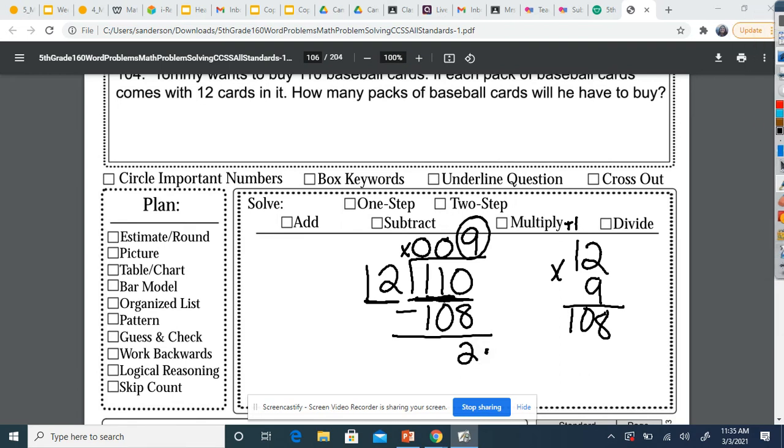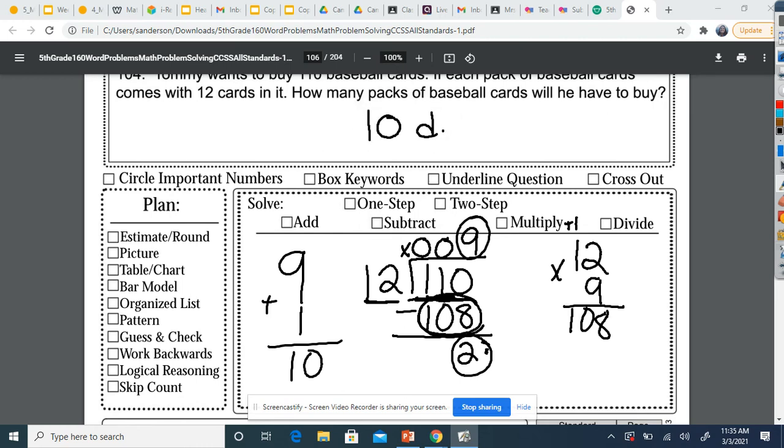So if he buys 9 decks, he's only going to get 108 baseball cards, but he wants 110. So he's going to have to buy an extra pack to get these extra 2 cards. So he definitely needs 9, but he's not going to have enough, so we need to add 1 deck on there to make sure he gets his 110.